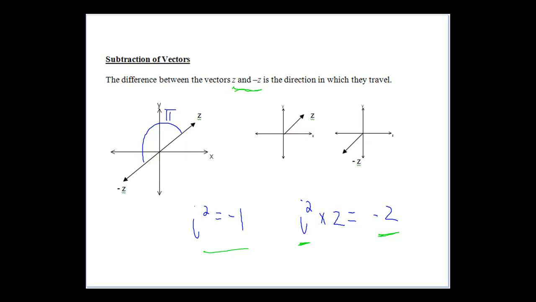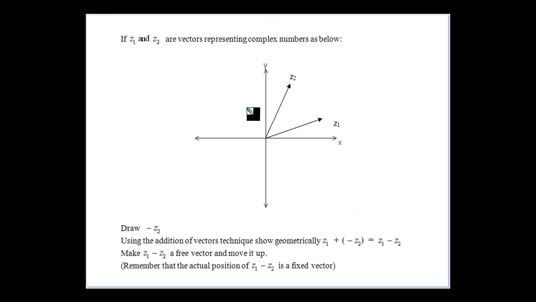And that's important to realize for the next part, because what we want to do is z1 minus z2. So here's our technique. Firstly, we draw minus z2. Then we use what we did with the addition of vectors technique and show geometrically that we get this. So z1 plus minus z2 would be the same as z1 minus z2.